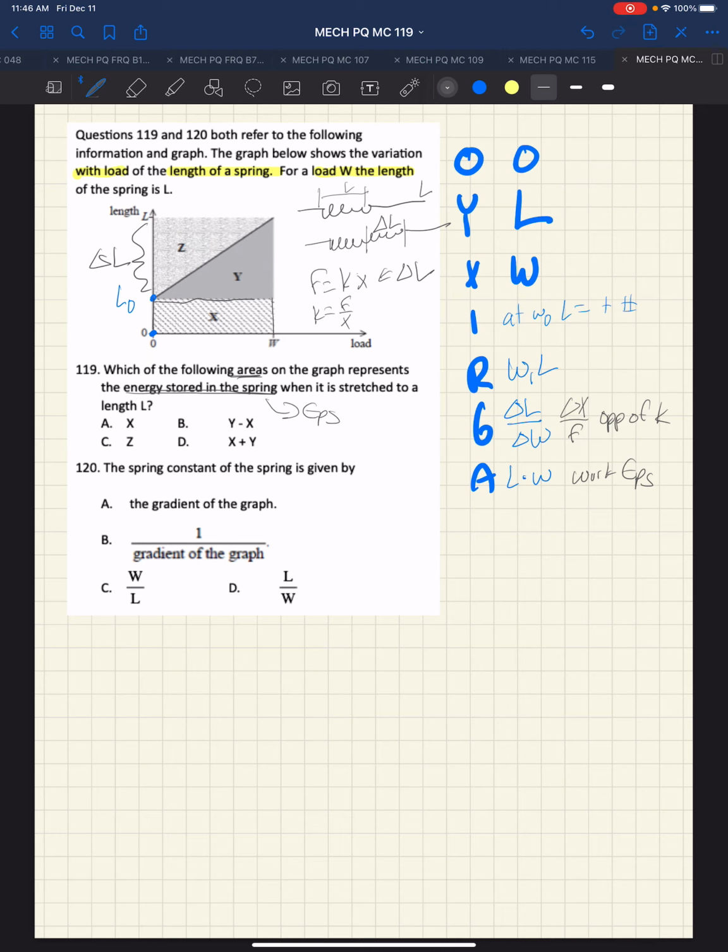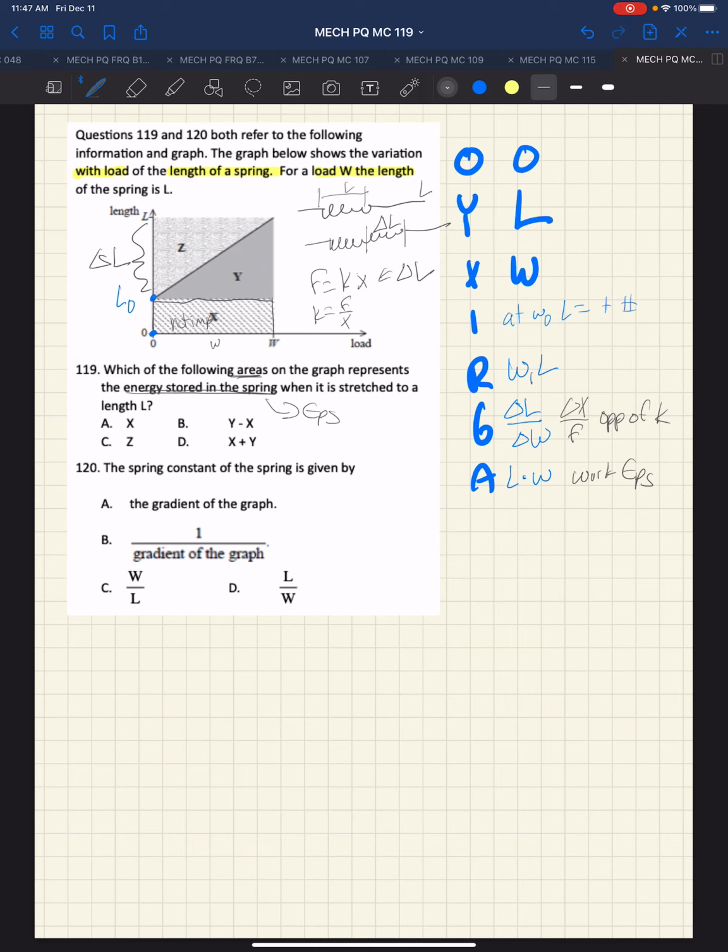So if we look at this X, that represents the load multiplied by this length up to L0. It's insignificant, it's not important, that length.